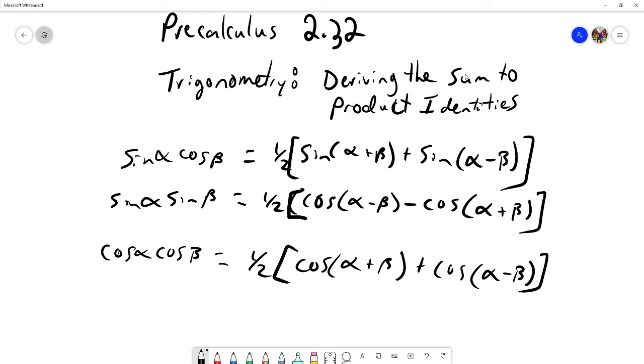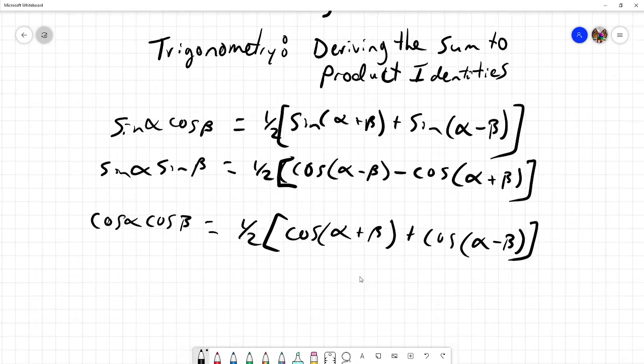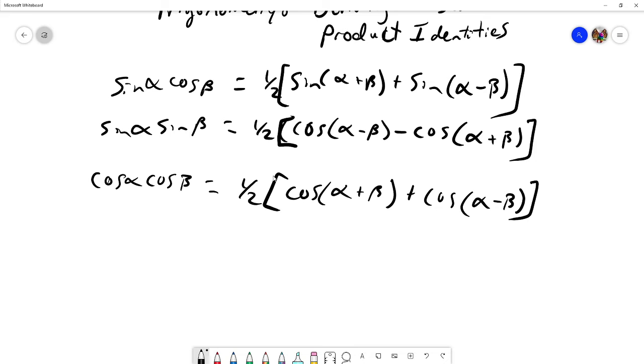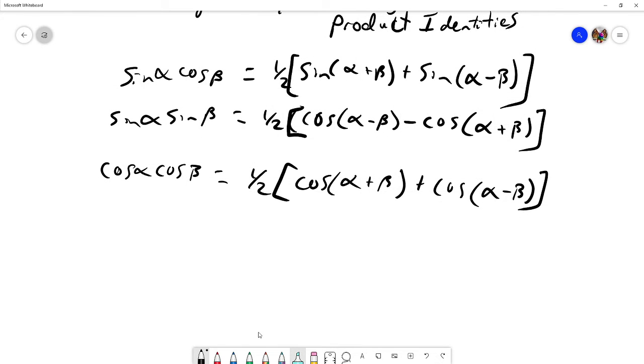How we're going to derive our sum to product identities is we're just going to reverse engineer these three identities, essentially. The first thing we want to notice is that inside each of the quantities on the right side, we have either alpha plus beta or alpha minus beta.